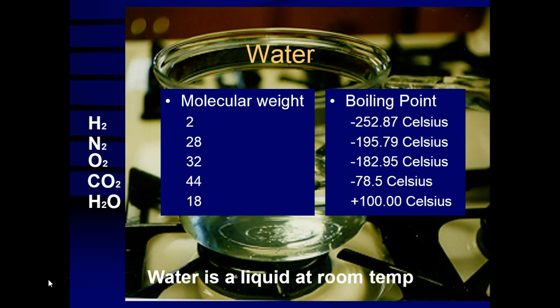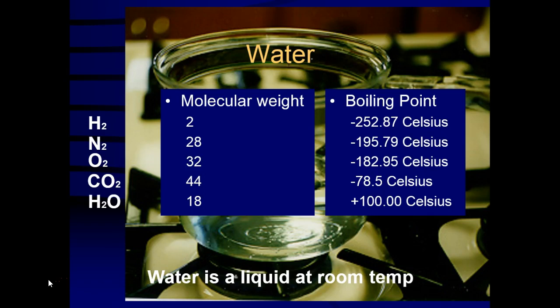What that means is that below that temperature, water is a liquid. And of course, we know that below 32 degrees Fahrenheit or 0 degrees Celsius, it's a solid. So compared to its size, it should have a boiling point somewhere between minus 252 and minus 195, somewhere between hydrogen and nitrogen. In fact, as you can see, it's less than around minus 200.